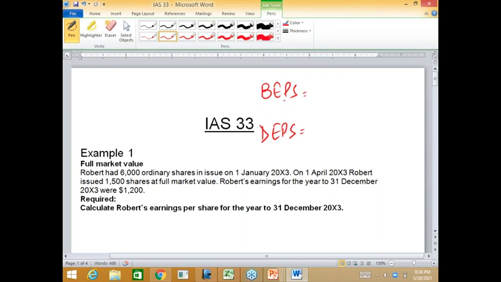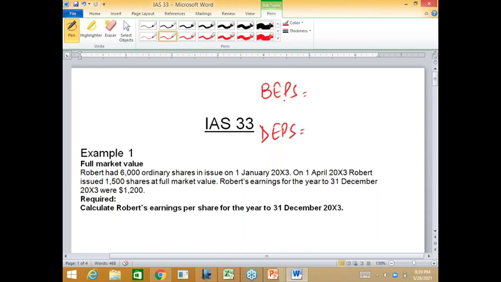These two EPSs should be disclosed at the bottom of the income statement every year, so that the shareholder knows on average how much the company is earning per share, and then they compare it with the previous years and the comparators, in order to make the investment and take the relevant decisions.